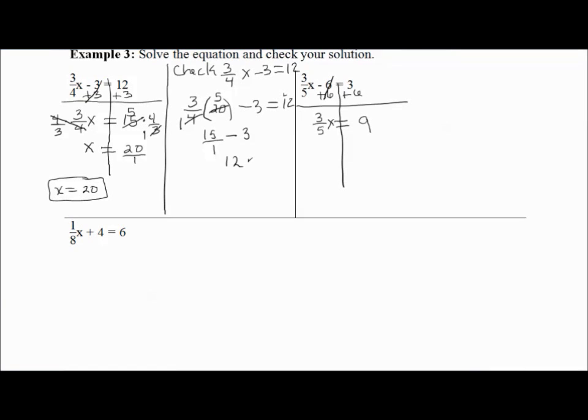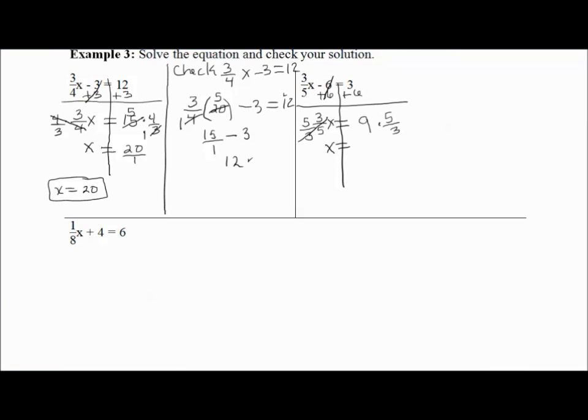Okay? Get rid of the fraction. I'm going to multiply by the reciprocal. So the reciprocal of 3 over 5 is 5 over 3. Do it to the left as well as the right side. Cancels out here. Left with x on the left. Bring down the equal sign.